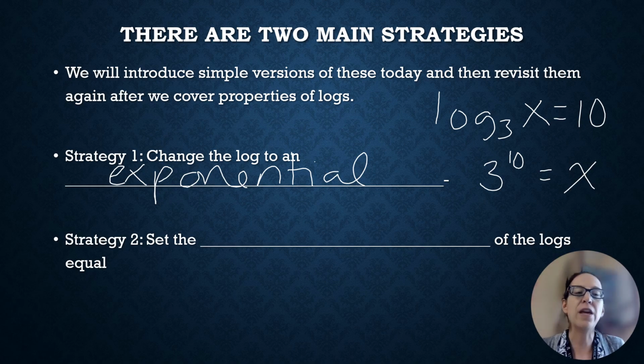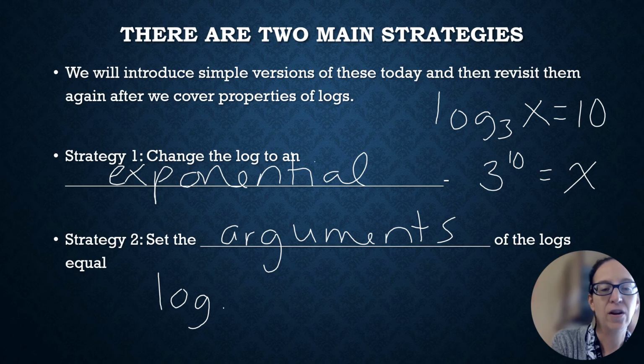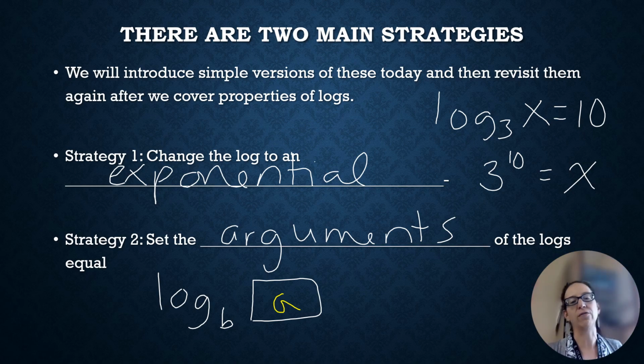The other strategy is to set the arguments of the logs equal. Just to be clear, the argument of the log is that part right there. It's the thing you're taking the log of. So I have log base b of a.